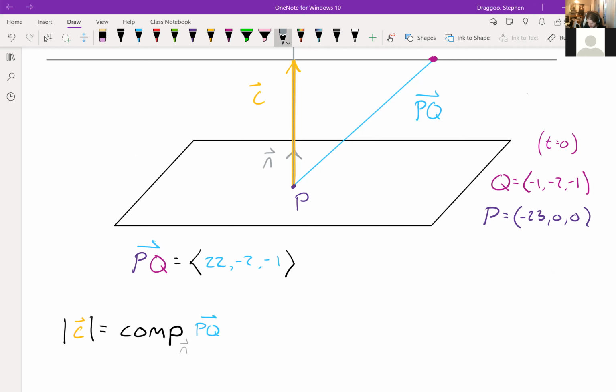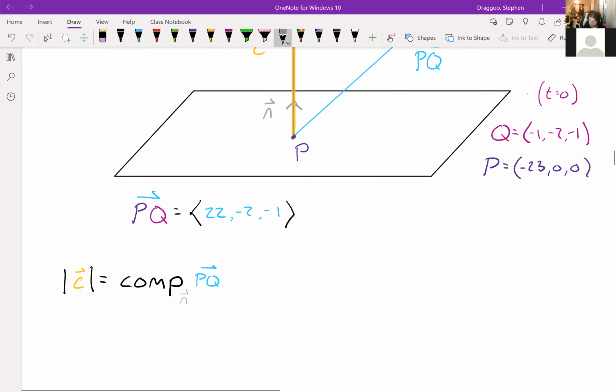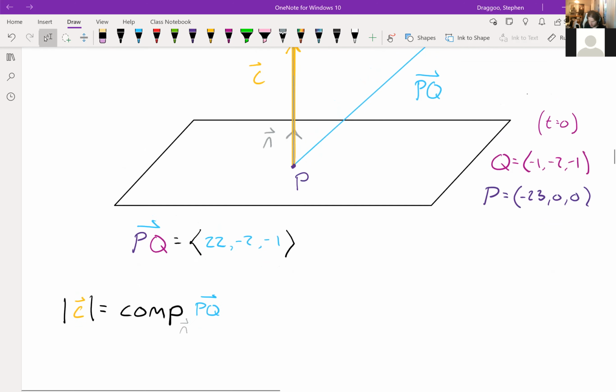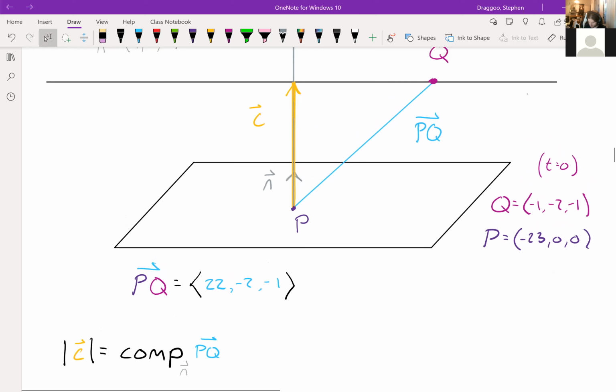I only want the component part, which means I don't need to do the part where I have to multiply by the unit vector.